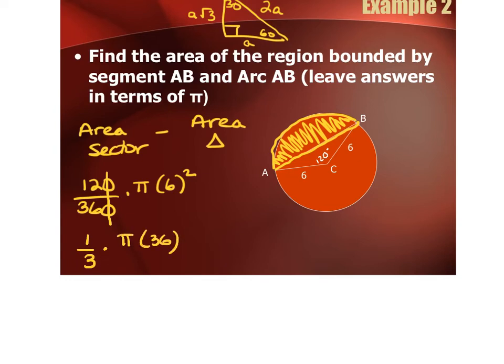And now I can simplify this. Simplify the 3 and the 36 and make that a 12. And now 1 times pi times 12 is just 12 pi, so the area of my sector is 12 pi. Okay, all right, now time to deal with the triangle.